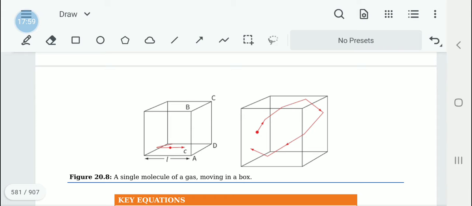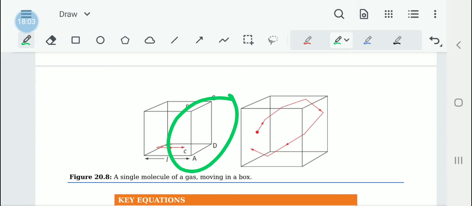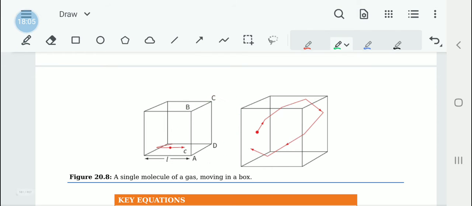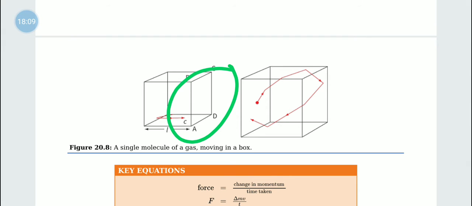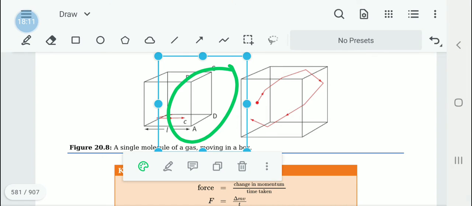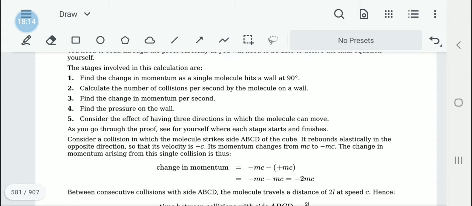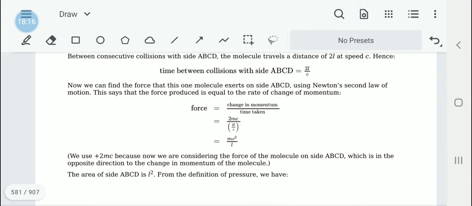But why do we take it as positive? Because we take it from the opposing side, that is, from the ABCD side. That is not very important even if you didn't understand that. But remember, change in momentum is taken from the side of ABCD, therefore it is going to be positive.